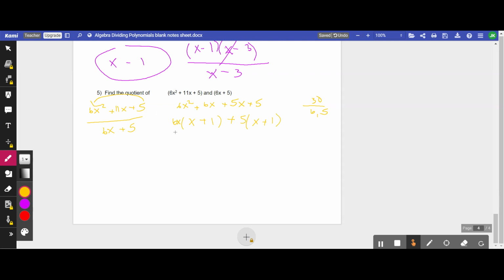So you have 6x plus 5 as one of your answers. And then your x plus 1 is the other one. So that's up top. And then on the bottom would be your 6x plus 5. And then your 6x plus 5s will cancel here. So you're just left with your x plus 1 for your final answer then.